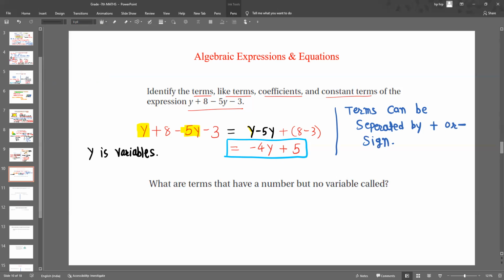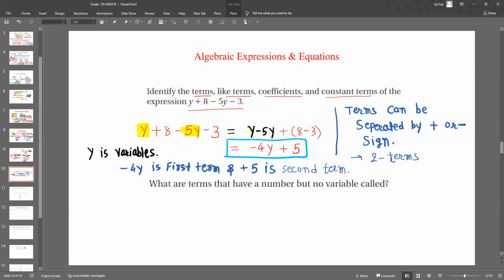Between the two terms, minus 4y is the first term, and plus 5 is the second term. Understand this? Yes. So in this expression, we have two terms.